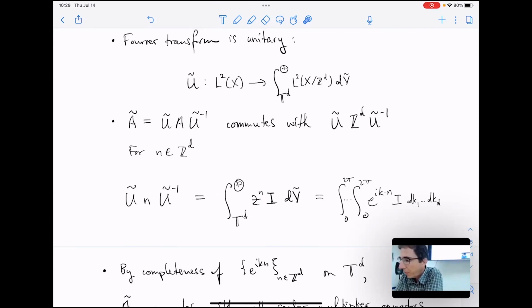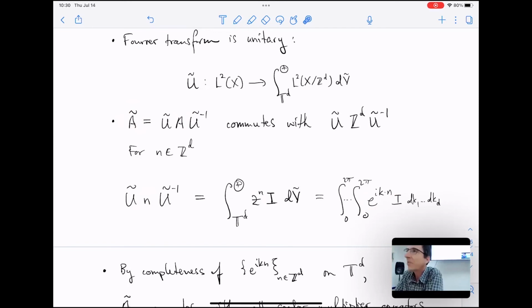And so since A commutes with the shift by n, the transformed A commutes with all of these multiplication operators by z to the n. And on the torus, this is just multiplying by e to the ikn. And we know that e to the ikn on the torus are complete in L2. Okay, and so it turns out that this operator A in the Fourier variable commutes with all multiplication operators by scalars.